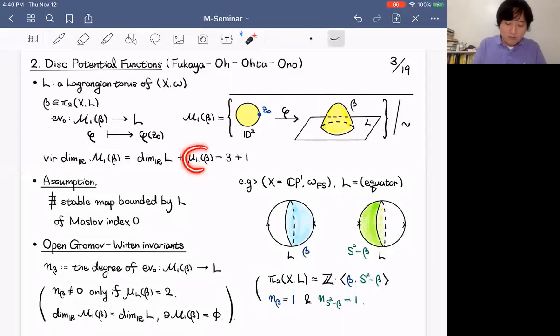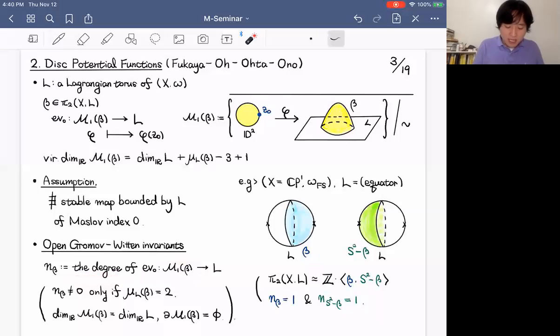That is the open analog of it. To define the open Gromov-Witten invariant, I will assume the following: our Lagrangian L should not bound any non-constant Maslov zero holomorphic disk. Under this assumption I can define the counting invariant as follows, by taking the degree of the evaluation map from the moduli space to L.